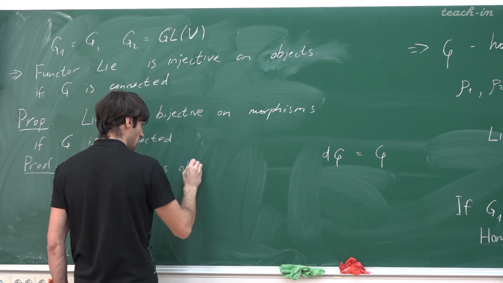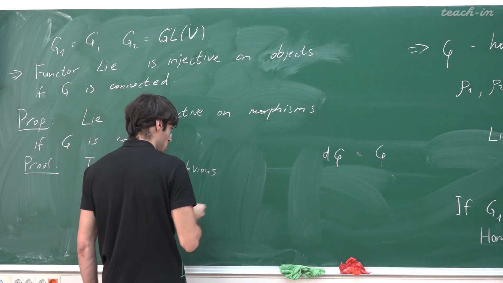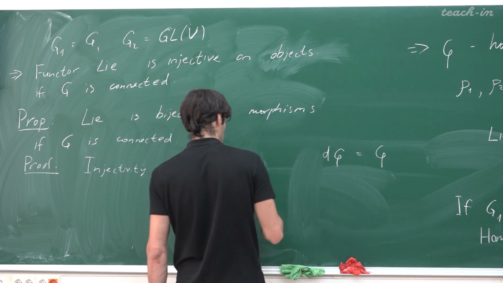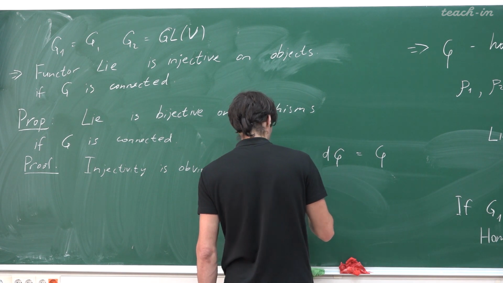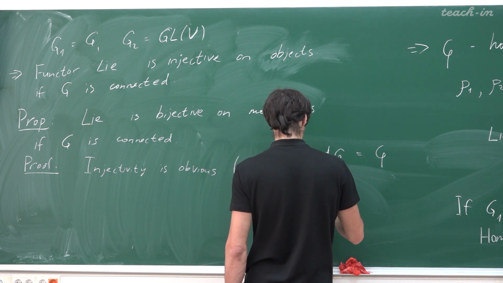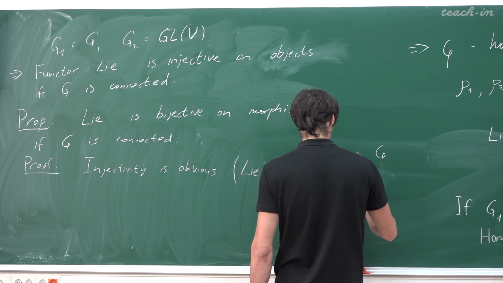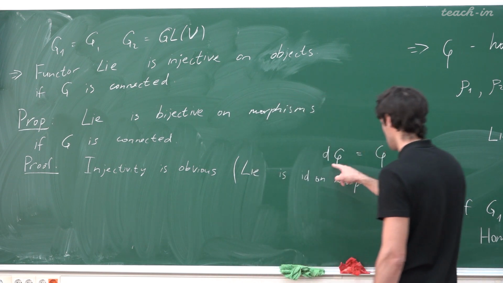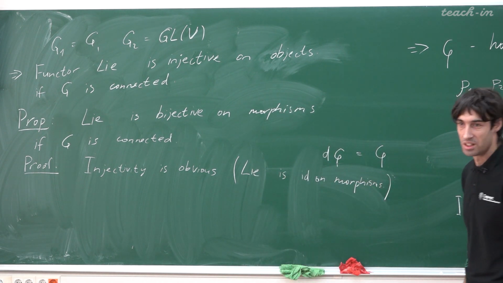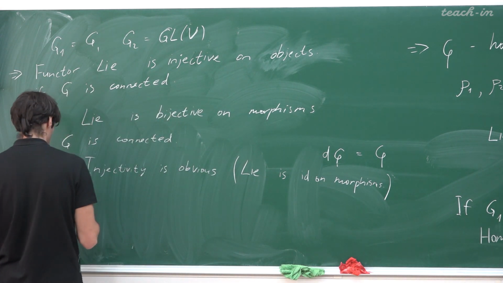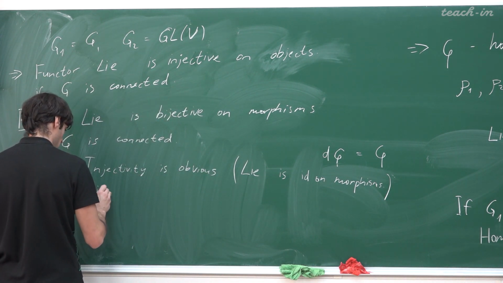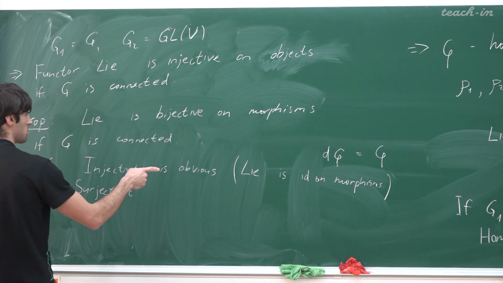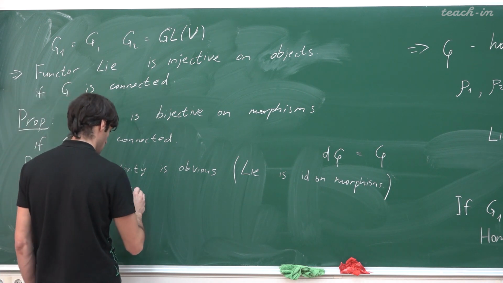Well, it's just because Lie is identity on morphisms. This thing is still here. On the other hand, what about surjectivity? And for injectivity on morphisms, you don't even need G to be connected, right?